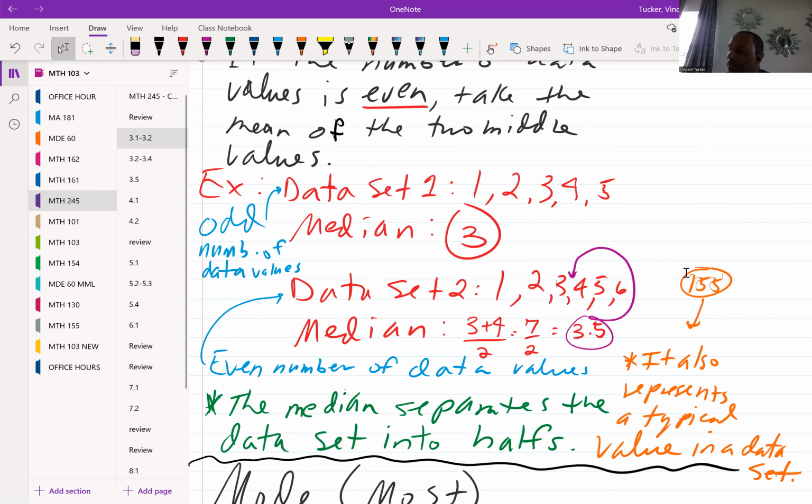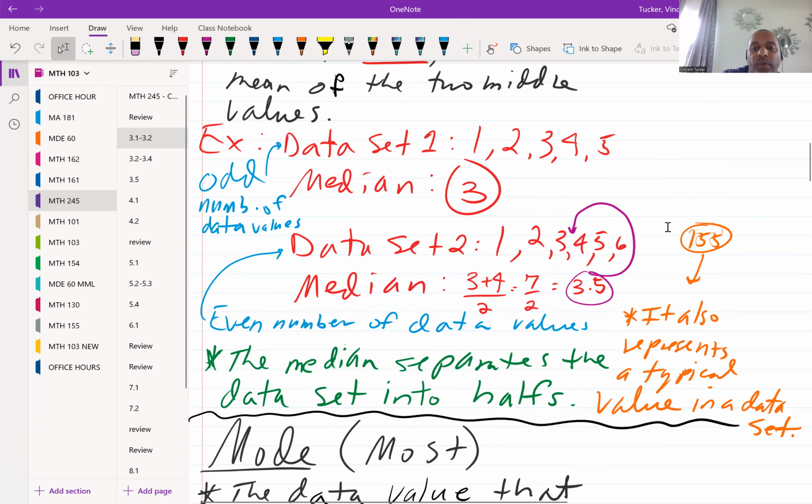Now we're looking at the median. Any questions, any problems before we go to mode?